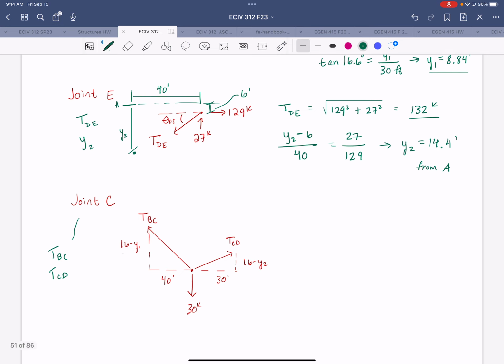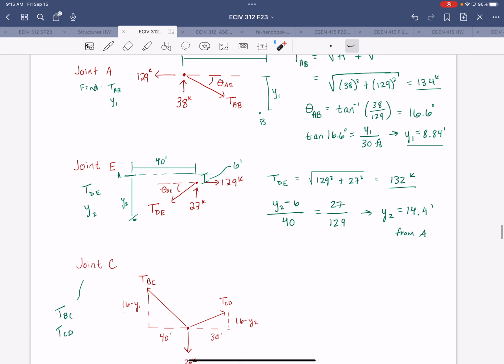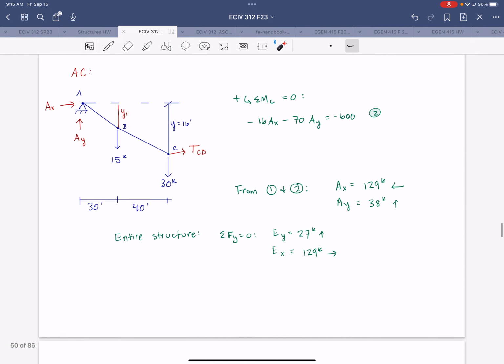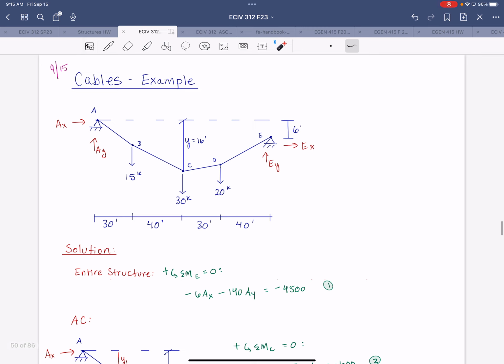So the geometry is kind of marked out here. We'll say this 16 minus y1. All right, so we go back to the total. This is saying 16 minus y1 is the distance between B and C, so we're going to be looking at that triangle.